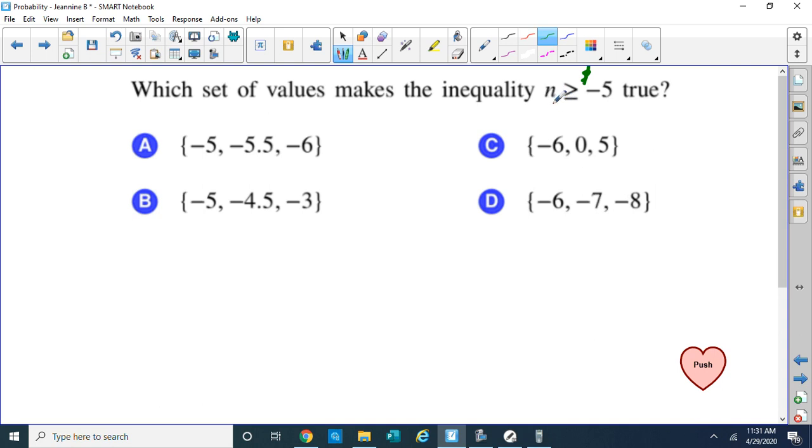So I'm going to say, what numbers are better than or more than owing $5? Well, as I said, put a dollar sign in front of that.